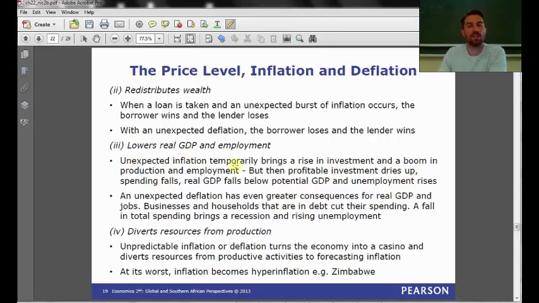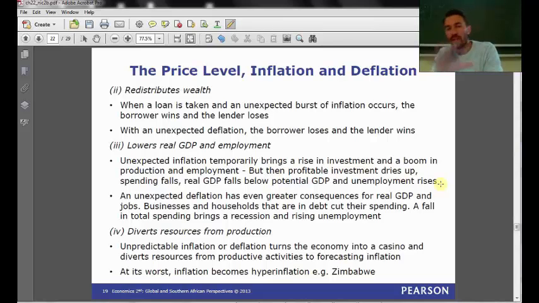Unexpected inflation temporarily brings a rise in investment and a boom in production and employment. That sounds good. But what happens afterwards? Profitable investment dries up, spending falls, real GDP falls below potential GDP, and unemployment ultimately rises.